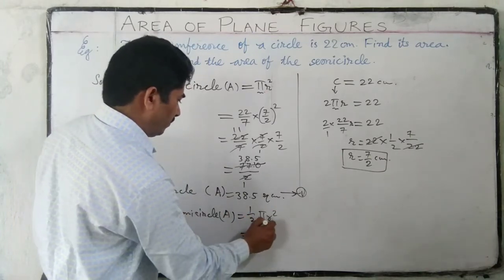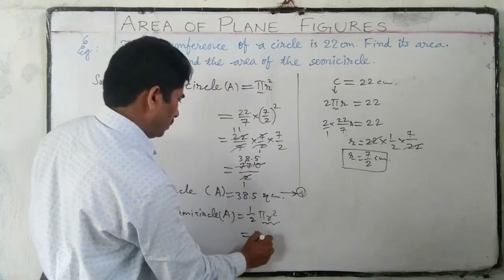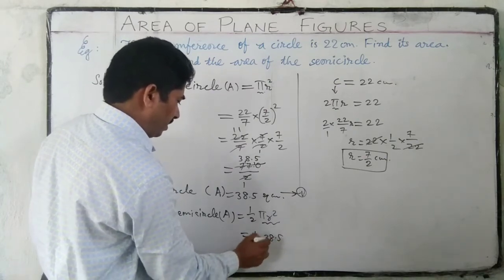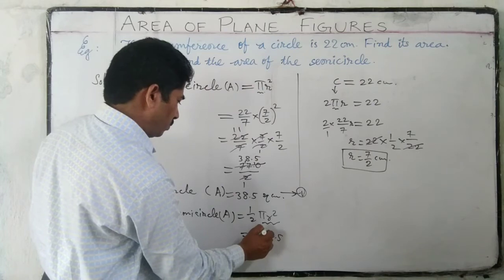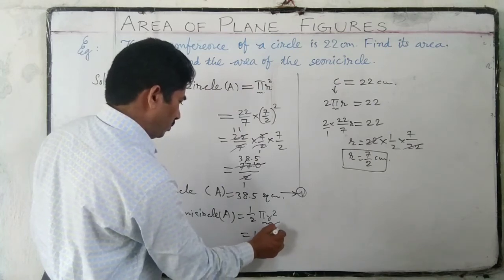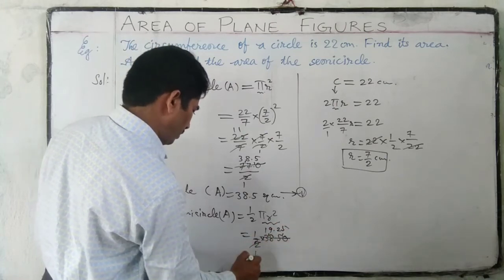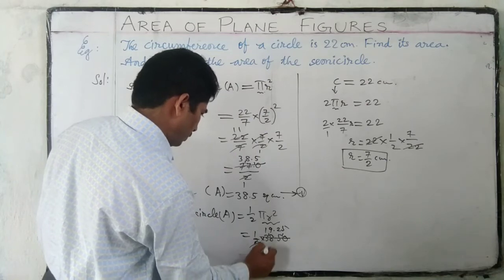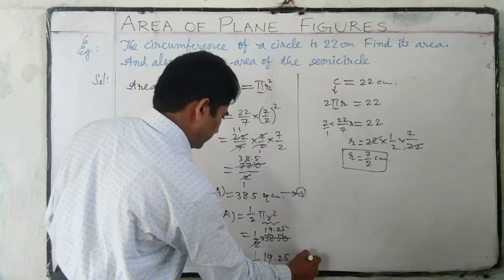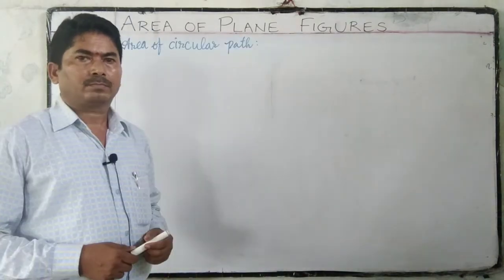We already found pi r square, 38.5. So we have to make half: 2 ones, 2 9s are 18, 2 2s are 4, 2 5s are 10. So that is equal to 19.225 square centimeters. This is the area of a semicircle.